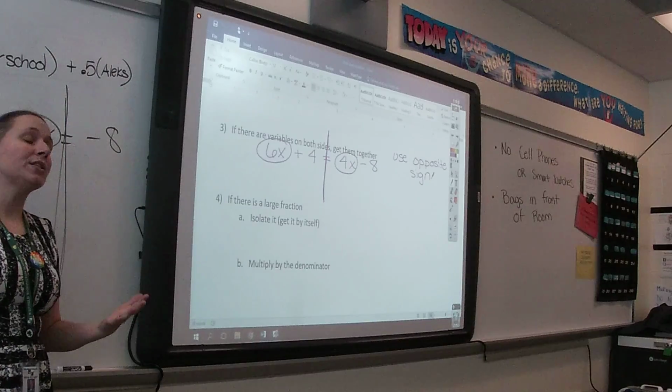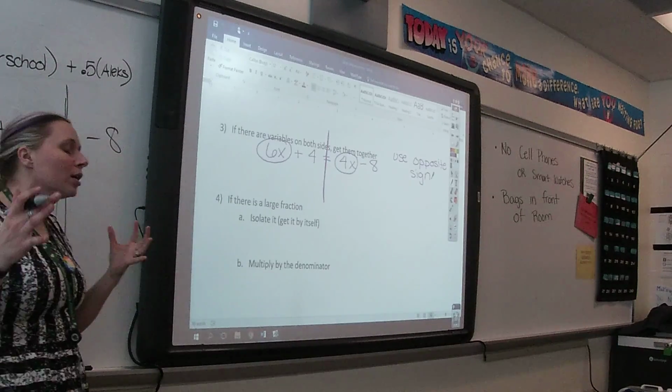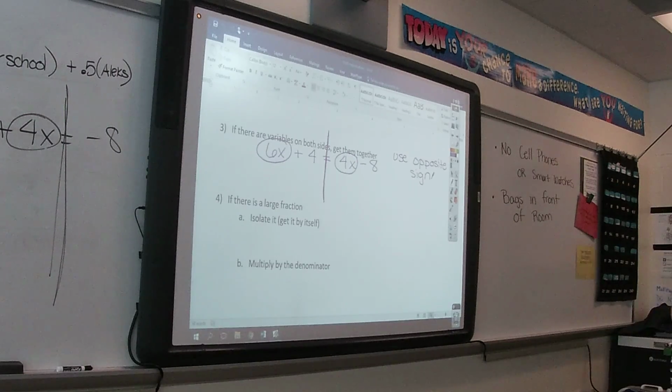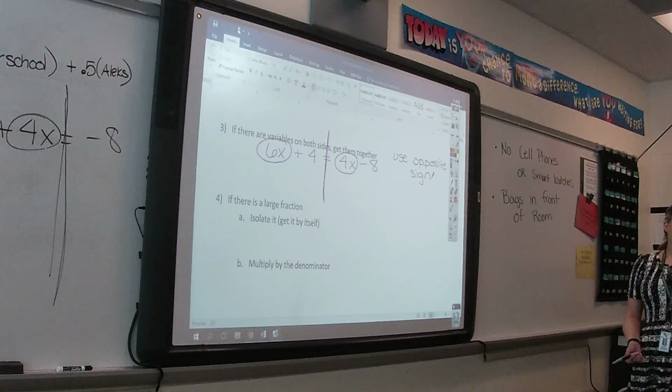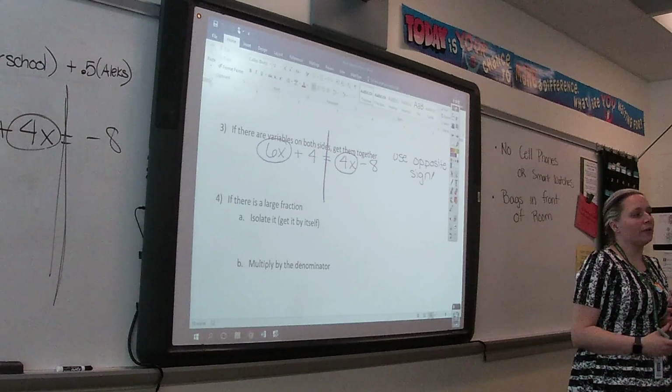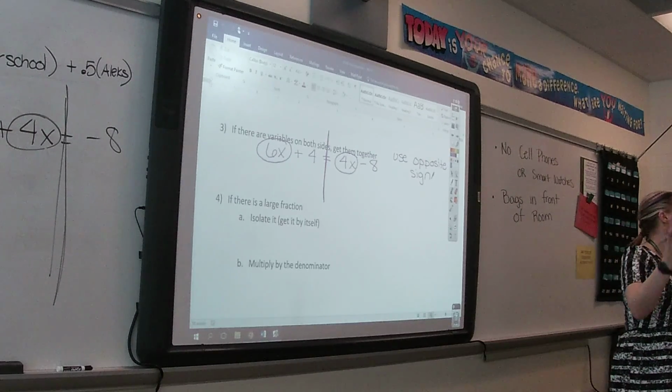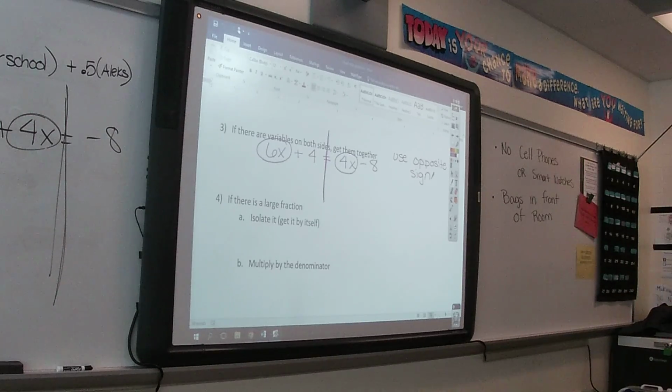Now, some of my students have rules that have already been solidified. Your teacher has taught you something like, always move the smaller variable, or always put it on the left-hand side. Those rules are guidelines. They're optional. It's to help you keep the same process, but they're not required.